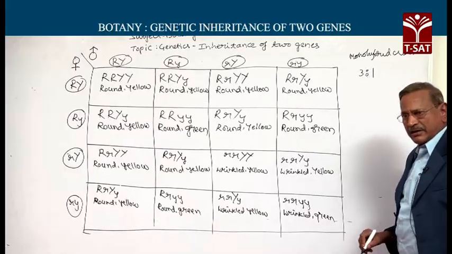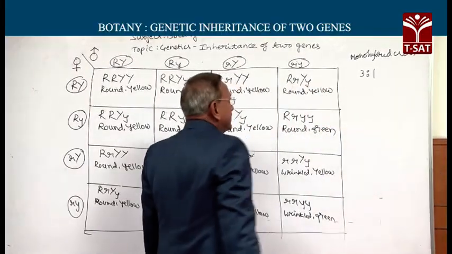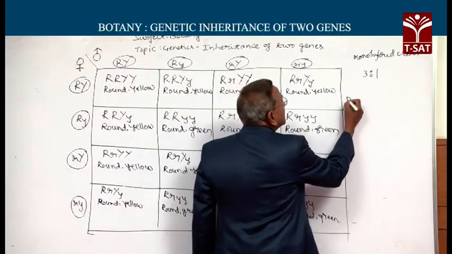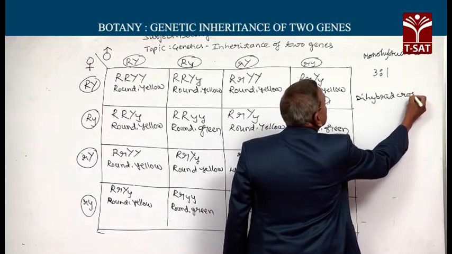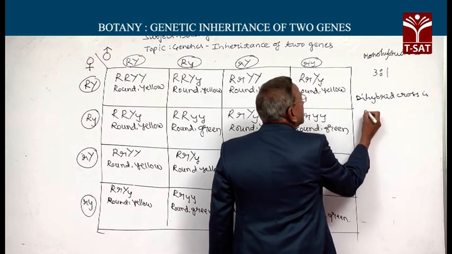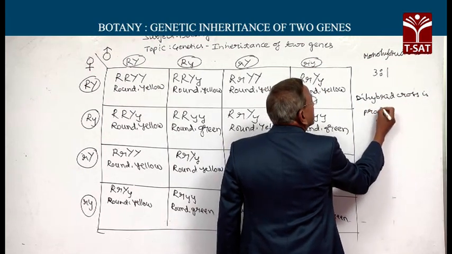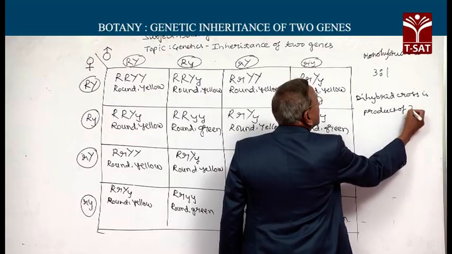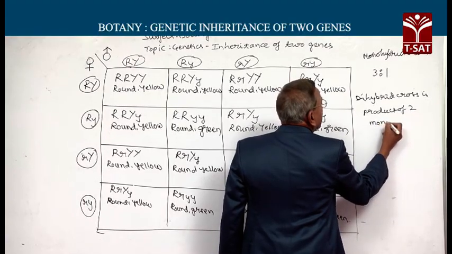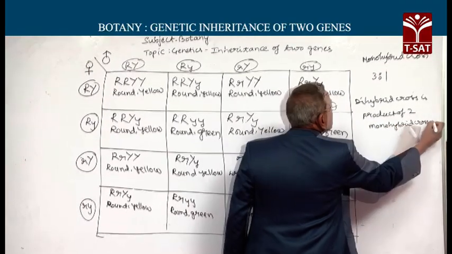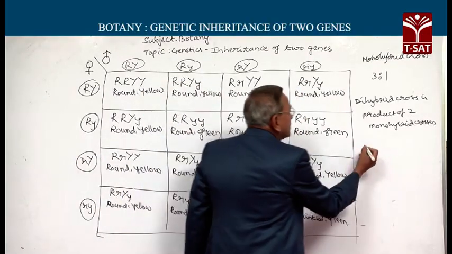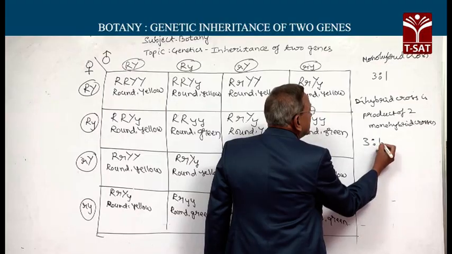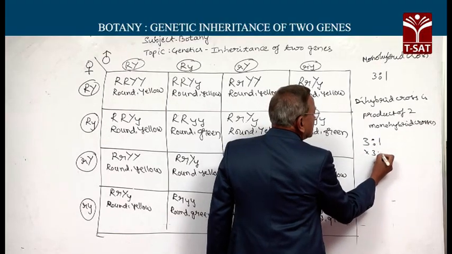A dihybrid cross is the product of two monohybrid crosses. So the result must be 3:1 into 3:1.